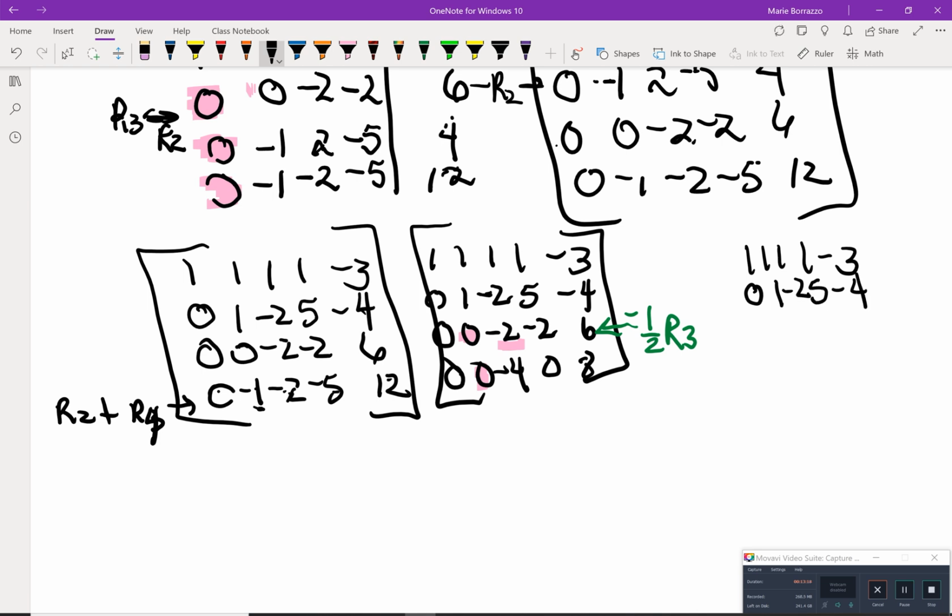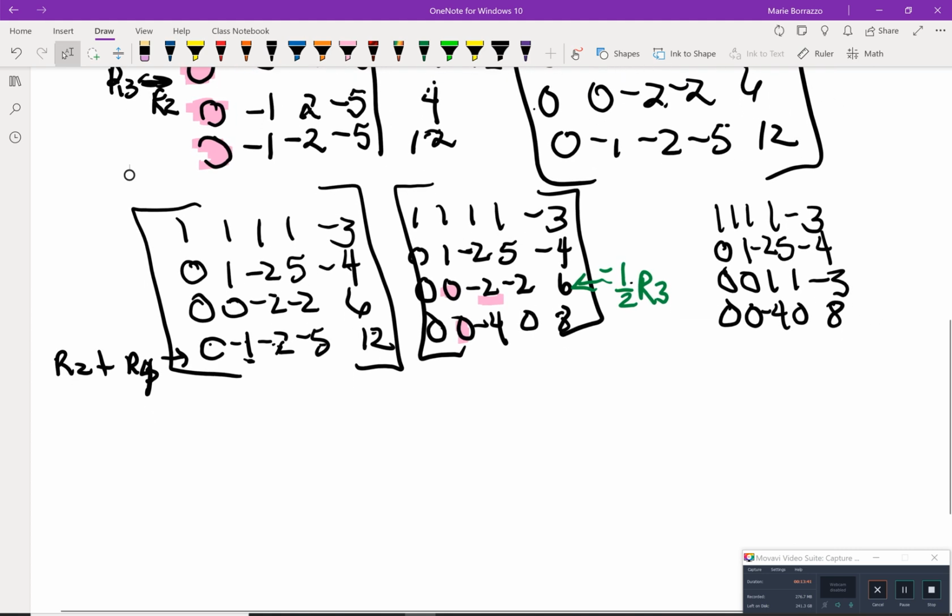If I multiply 0 times negative 1/2, it's 0, same thing here. Then this becomes 1, 1, and this becomes negative 3, right? Because negative 1/2 times 6 is negative 3. Negative 1/2 times negative 2 is 1, and so on. All right, and I'll put down my 0, 0, negative 4, 0, 8. Okay, so we're good up to now.